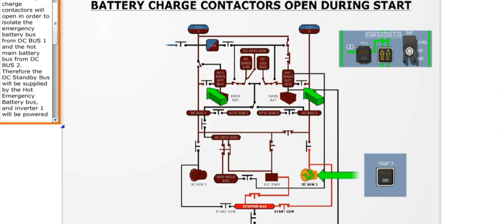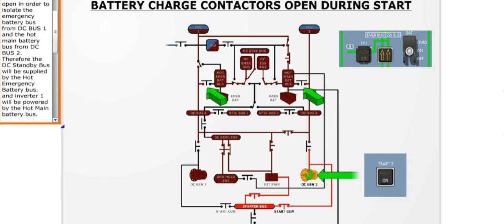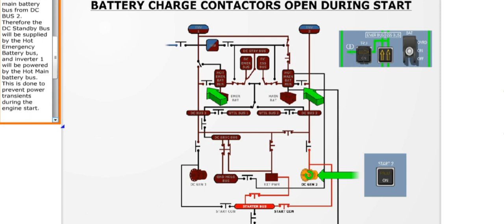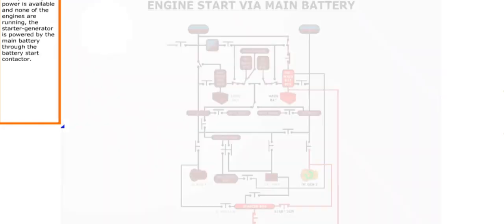Therefore, the DC standby bus will be supplied by the hot emergency battery bus, and inverter 1 will be powered by the hot main battery bus. This is done to prevent power transients during the engine start. During this sequence, both emergency power indicators will illuminate.